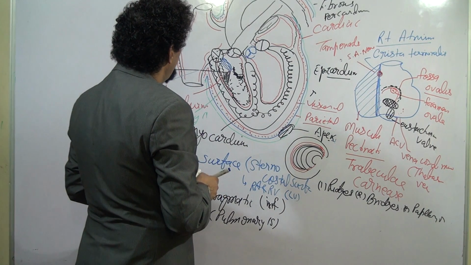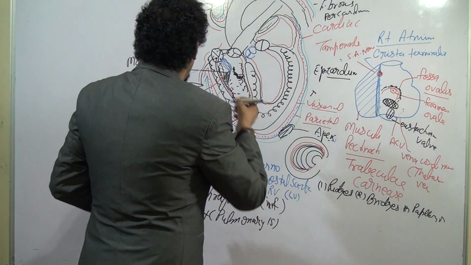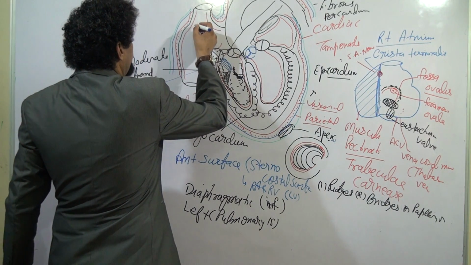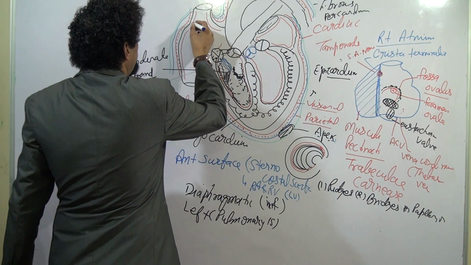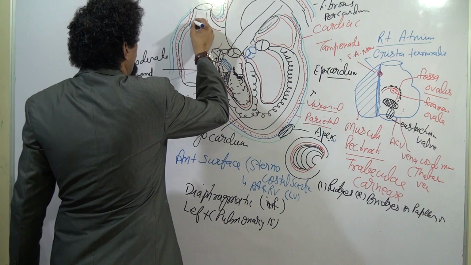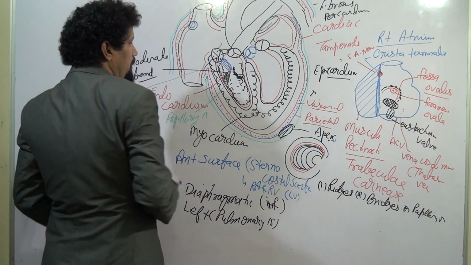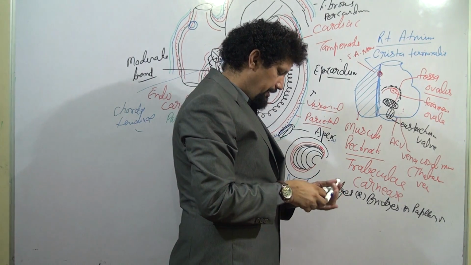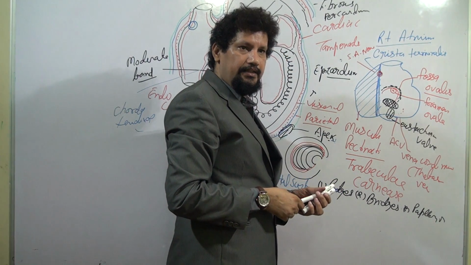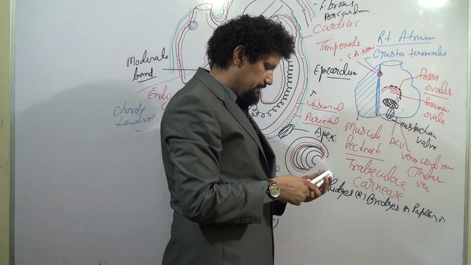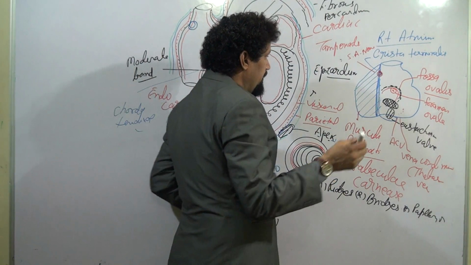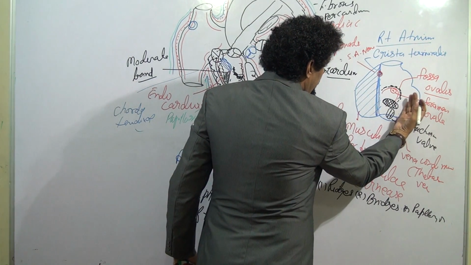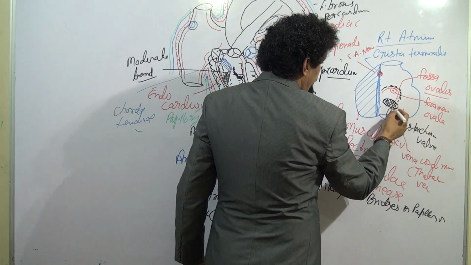and this is the site of the SA node, and the site of the AV node is the lower part of the interatrial septum, which is formed by the posterior wall of the right atrium.